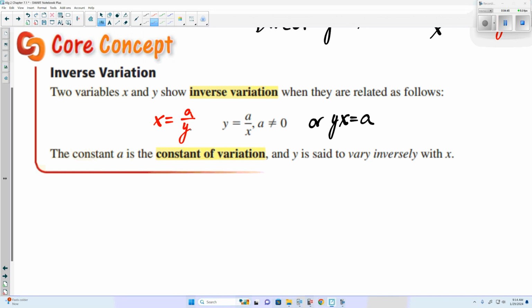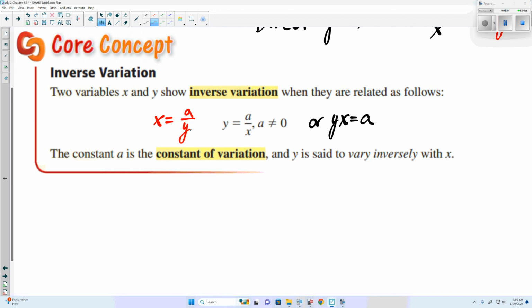Now I did give an example of direct variation. When we talk about inverse variation, they're going in opposite directions. As one goes up, the other is going to go down, or as one goes down, the other goes up. We could do that for class numbers. As the number of students that enroll goes up, the number of empty spots goes down.